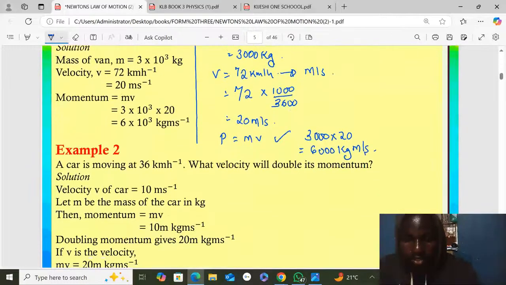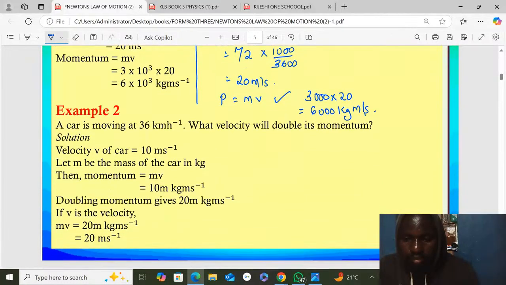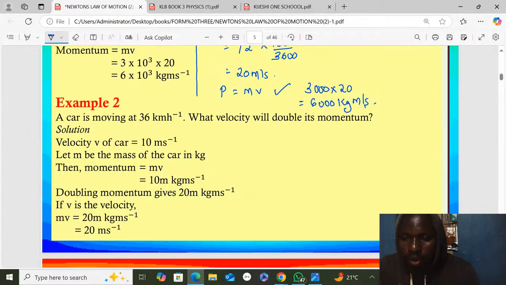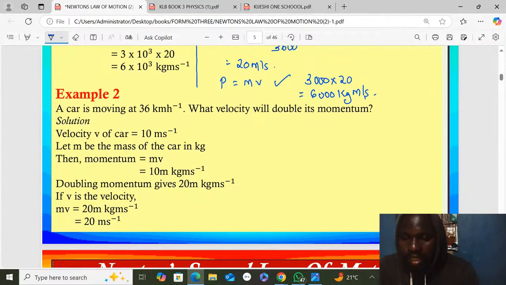A car is moving at 36 kilometers per hour. What velocity will double its momentum? From the screen, this part is already worked out, but we will try something different and see how else we can work this.